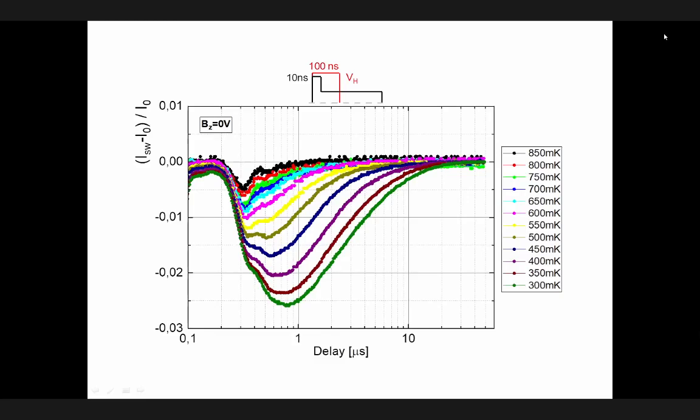It requires experimental effort to measure at this small temperature. And so we expect that the quasi-particles should not reach the bridge at higher temperatures, because they emit phonons on the way.